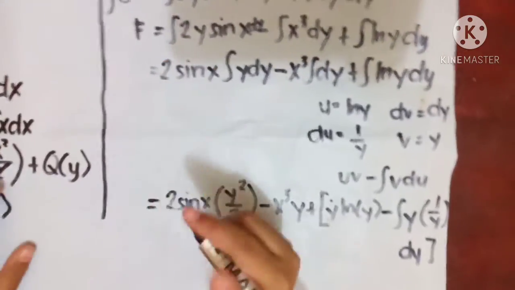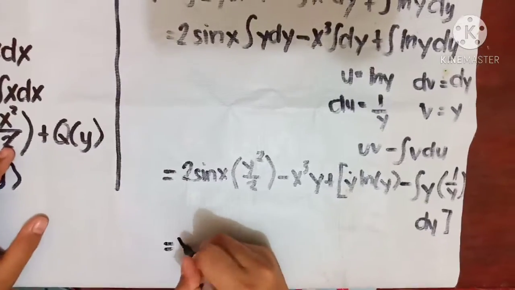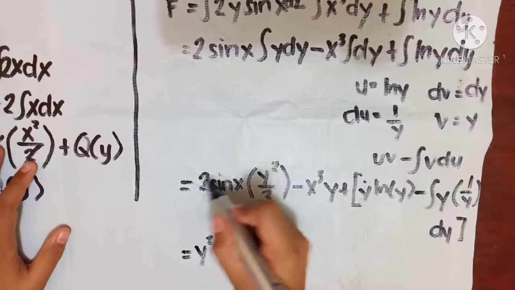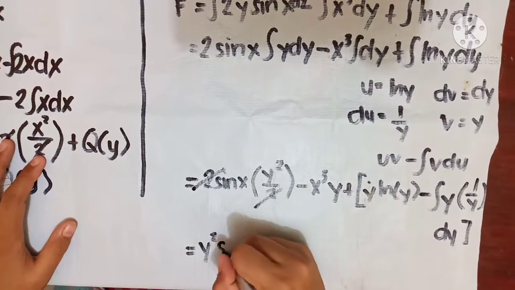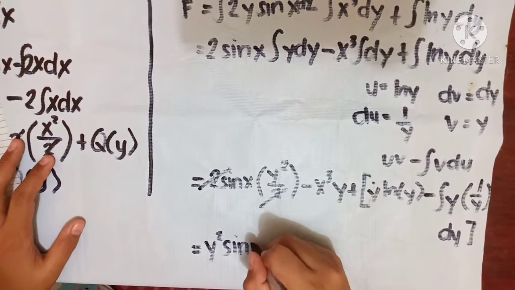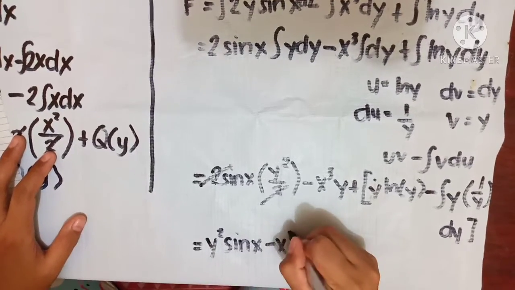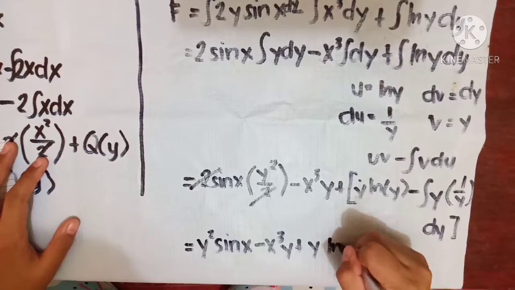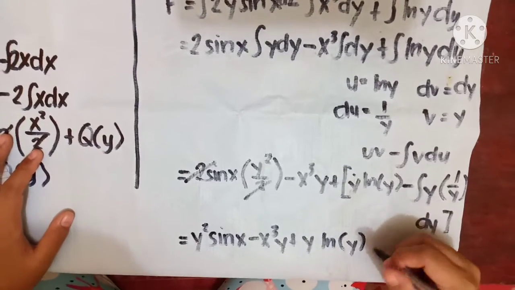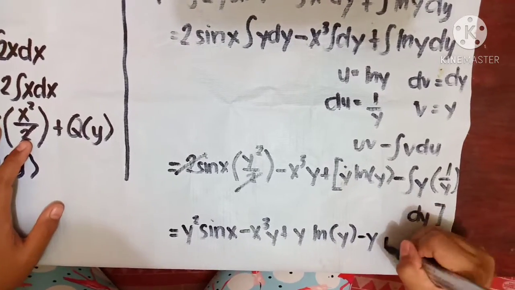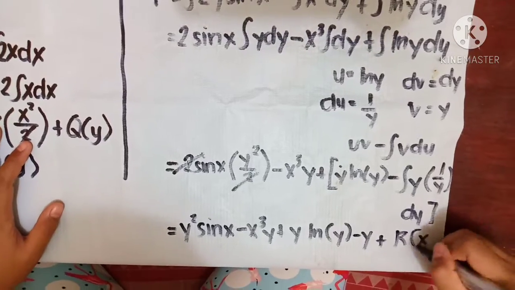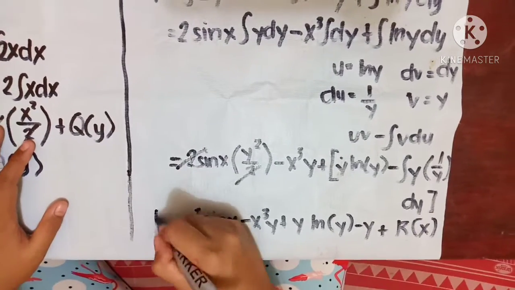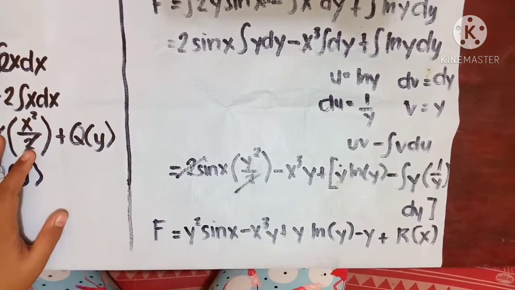So we will simplify. It will become y squared, because 2 can be cancelled, sine x minus x cubed y plus y ln of y minus y plus r of x. So this is our second solution.